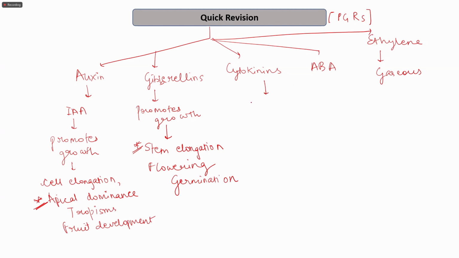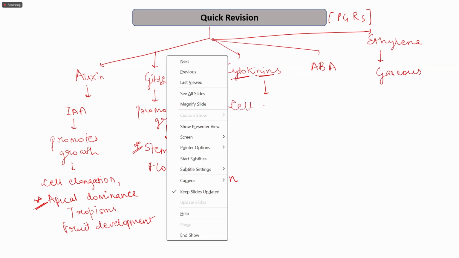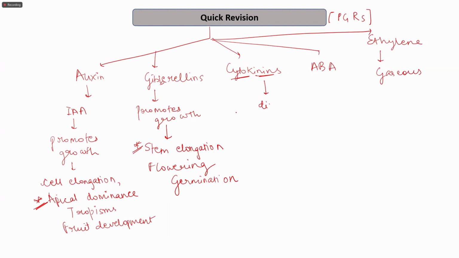Cytokinin is again a plant growth promoter, and as the name suggests, it mainly helps in cell division and cell differentiation.